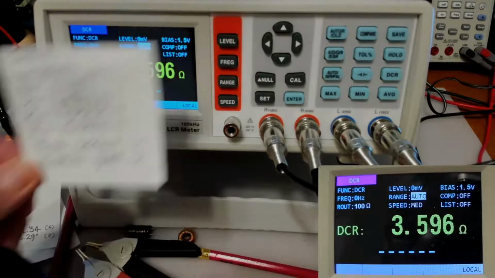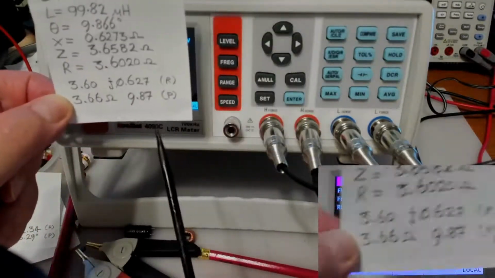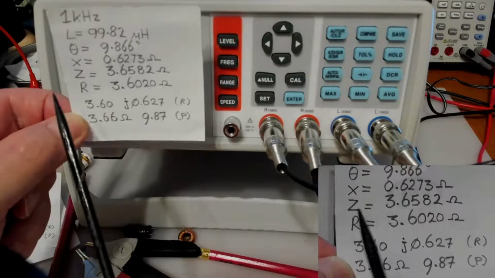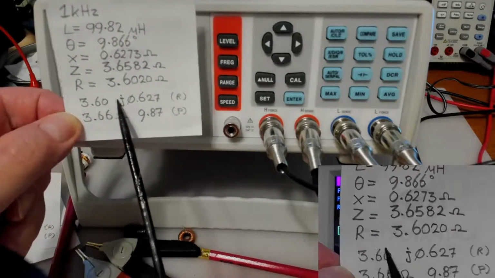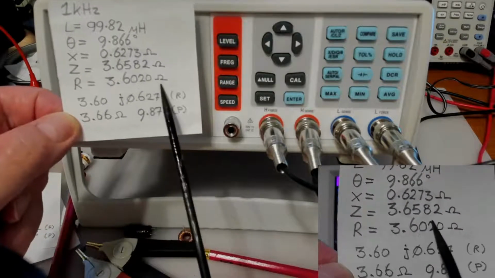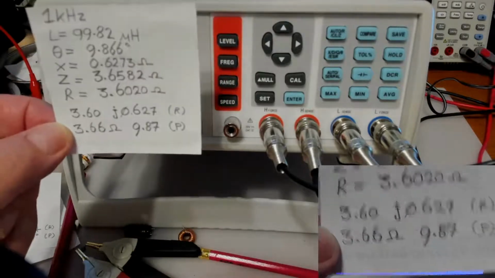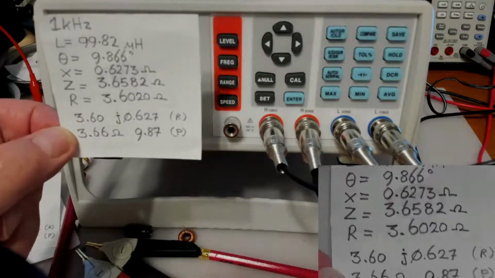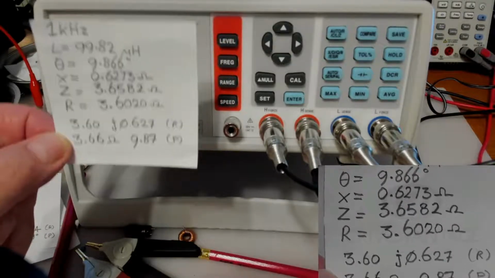And what did we get here? 3.6 ohms. Where is it? See, 3.6 ohms is the actual R value in the rectangular notation. So the reactance is very small, being 0.62, so it's much smaller than the resistive component.